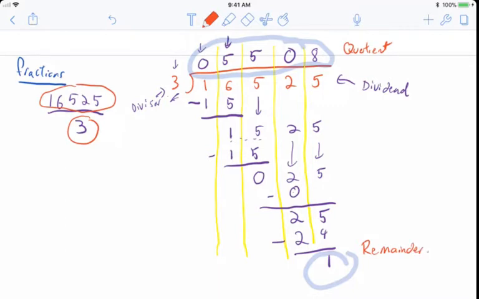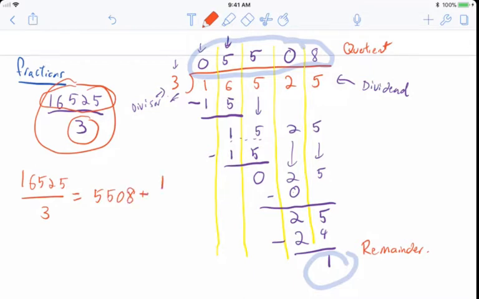And so we say that this number over here, 16525 divided by 3, is equal to the quotient 5508 plus the remainder divided by the divisor.